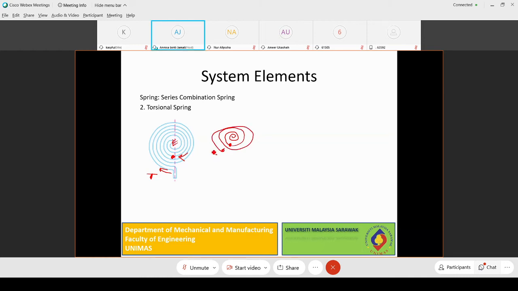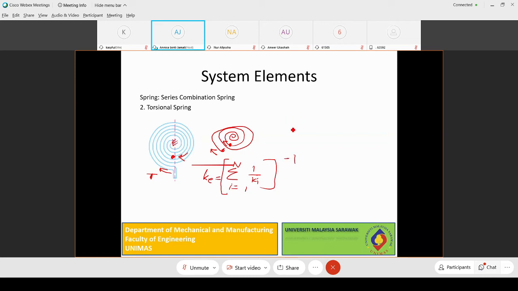So we exert the same torque here. So the springs in series for the torsional spring are also the same as the linear spring just now, where your KE would be equal to the summation from i equal to 1 until n of 1 over Ki, and you have to invert it.